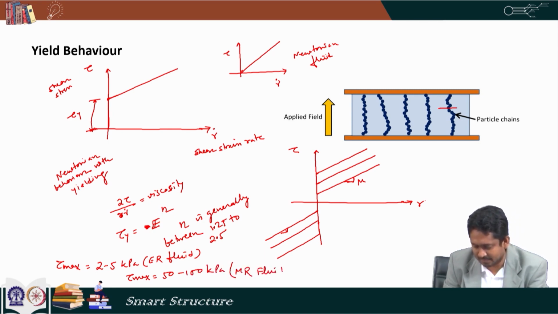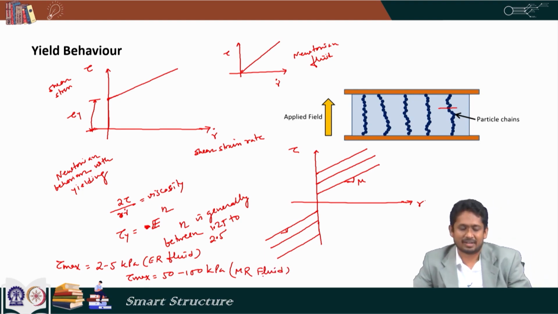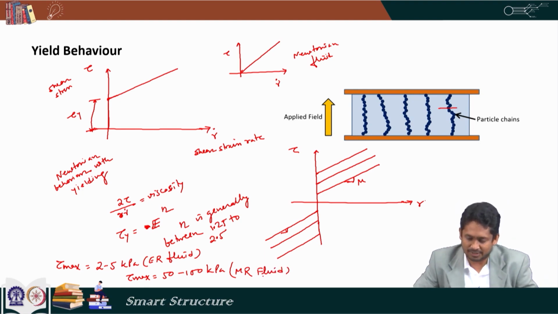So, again we see that the yield stress is more for MR fluid, and also it needs less voltage. So, that is why there is more focus on MR fluid nowadays.